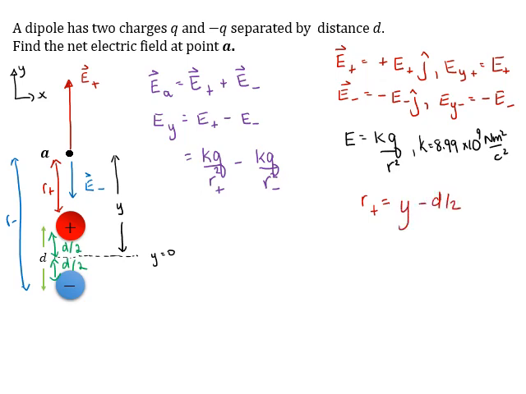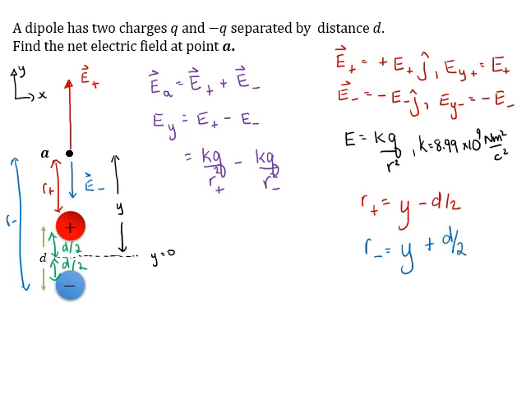And that's our distance between the positive charge and point A. For the negative charge and point A, that's this distance right here. Two ways to write that distance. We can write that as either R minus or y plus d over 2. So between here and here is either y plus d over 2 or R minus. So R minus is equal to y plus d over 2.